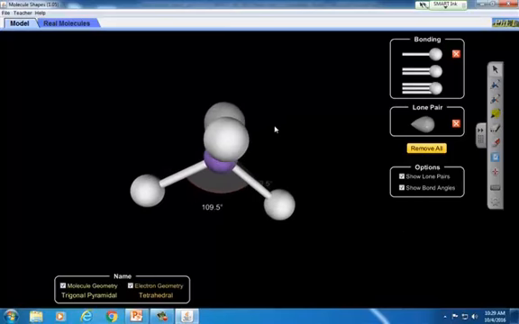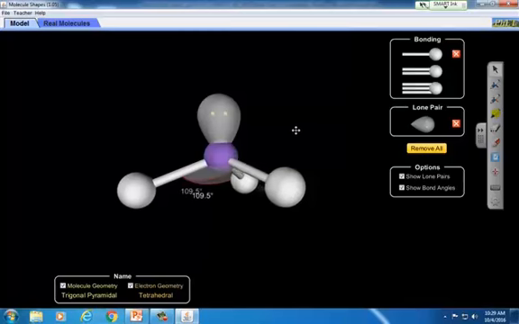So most of the time, if I have a tetrahedral electron domain geometry and one of the electron domains has to be a lone pair, the term for this is trigonal pyramidal. And it looks like a pyramid. Right? So I've got the central atom at the top of the pyramid, and I've got these other 3 atoms kind of at the base of this pyramidal structure.